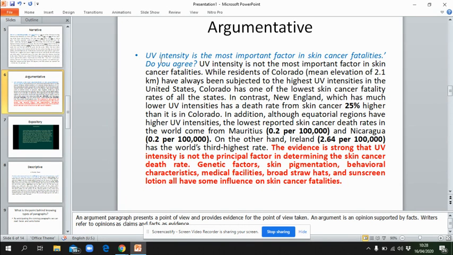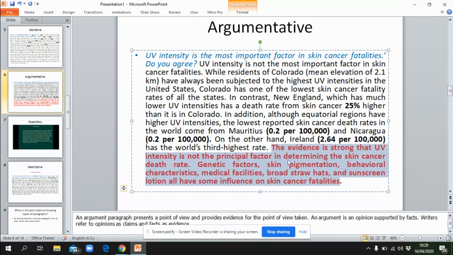So this paragraph makes an effort to convince the reader to believe in the writer's opinion. If you look at the last part of the paragraph, the sentence is convincing the readers that the idea should stand.